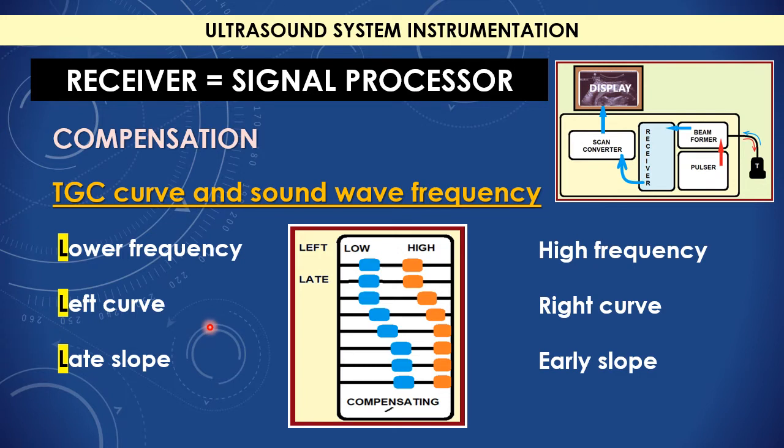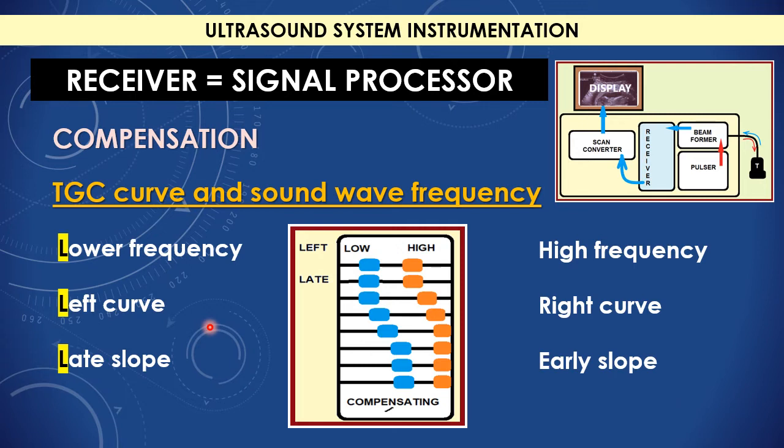Now somebody will say, okay, if I'm using different frequencies, am I having the same TGC map, the same TGC curve? Actually they are not. Why? Because we know that we're using TGCs to compensate for attenuation.